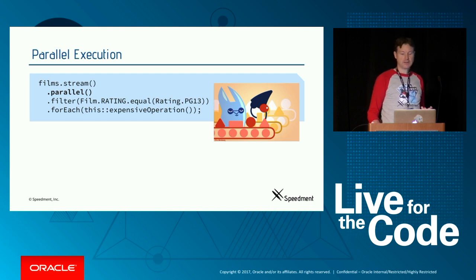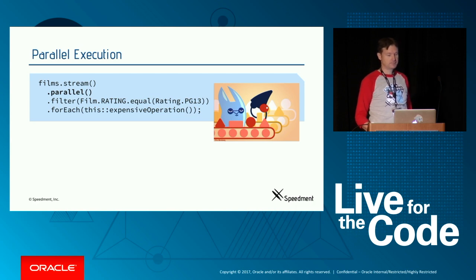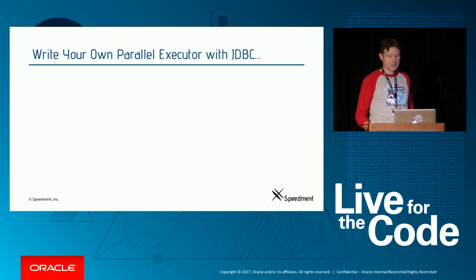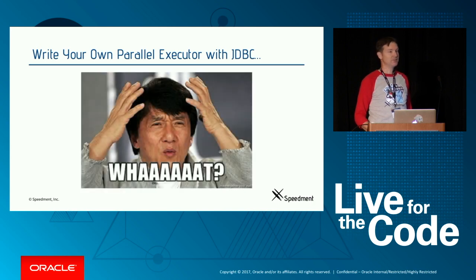This works automatically and gives you a way to consume things from a database in parallel, which previously was very difficult to do, if not impossible. And it's very easy. Of course, you can write your own parallel executable JDBC. I did that, but I can tell you, it's not easy.